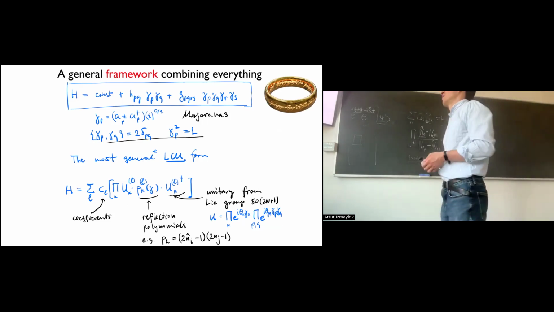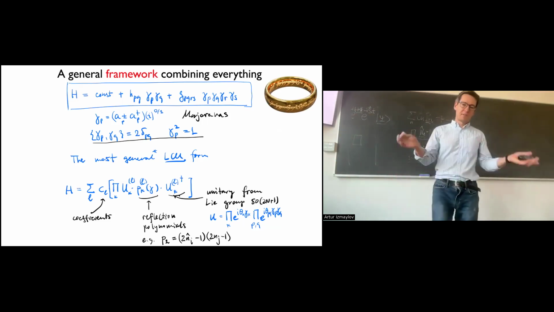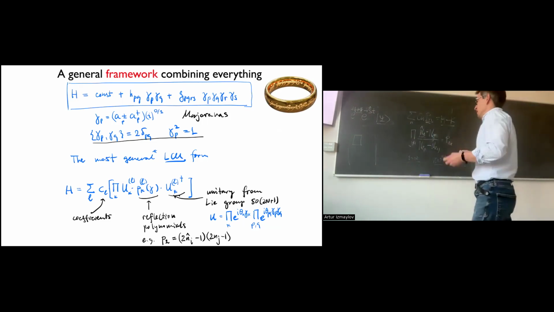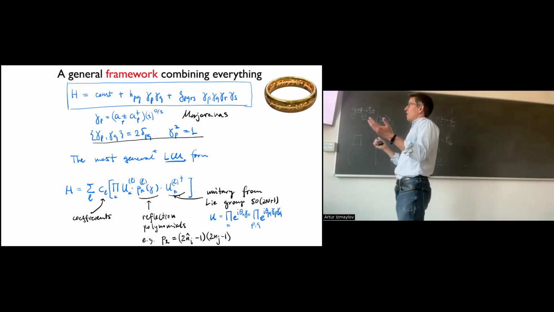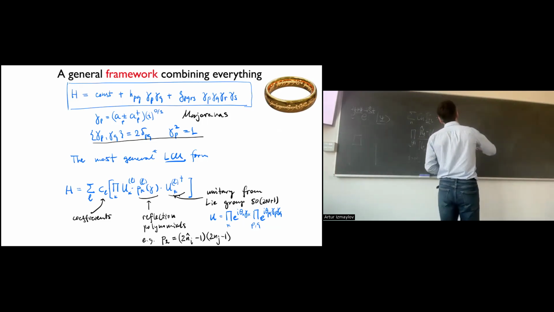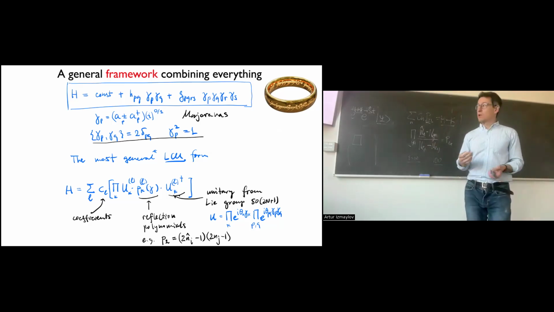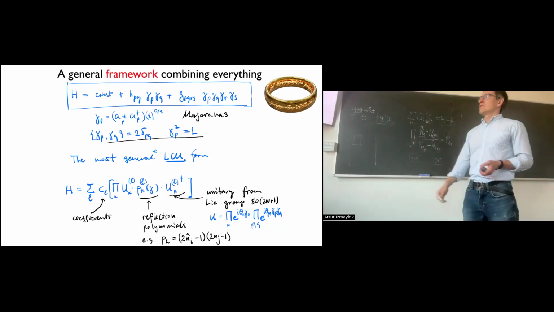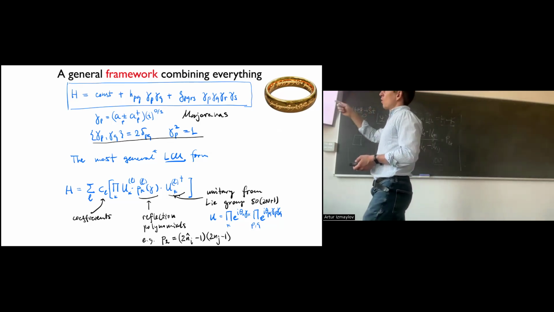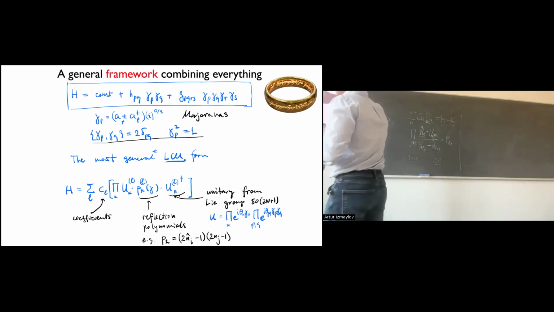So it turns out that there is an even more general framework that combines everything, and it originates from Majoranas. Majorana is one interesting way of writing the fermionic Hamiltonian: instead of working with A and A dagger, work with these Majorana operators, gammas.